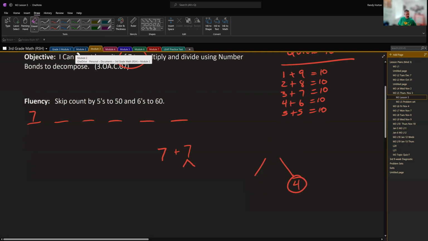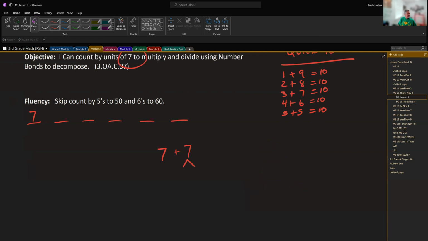I'm going to erase that because it's going to get in the way here in just a second. So if we come back here, we got 7, the first 7, this will be the second 7. So 7 plus 7, I'll break the second 7 into a 3 and a 4. Why did I choose 3 and 4?